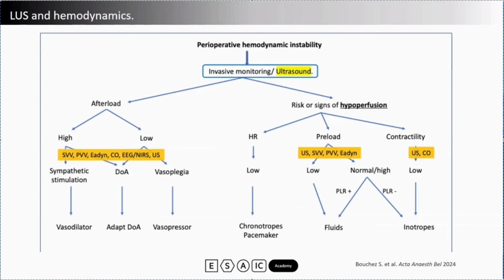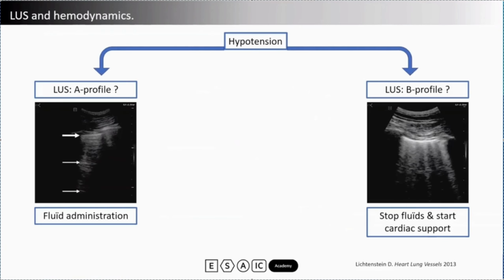Also, lung ultrasound can be used as a hemodynamic monitor, not only lung ultrasound, but also, of course, cardiac ultrasound. It has its place, and simplified, you can tell when a patient is hypotensive and you need to reassess the patient, you can use lung ultrasound and look at the anterior side of the lungs.